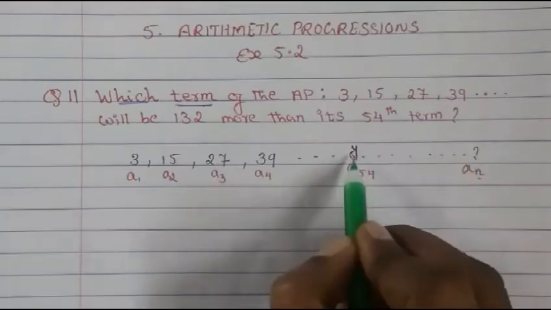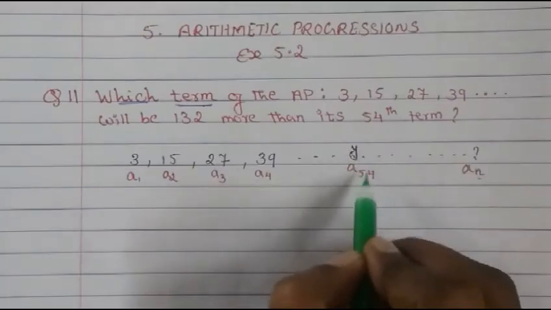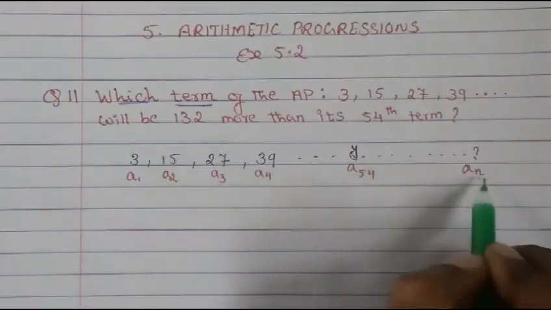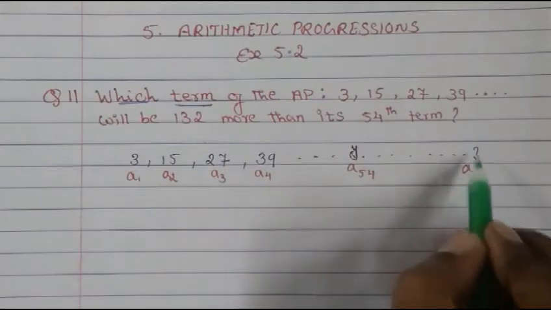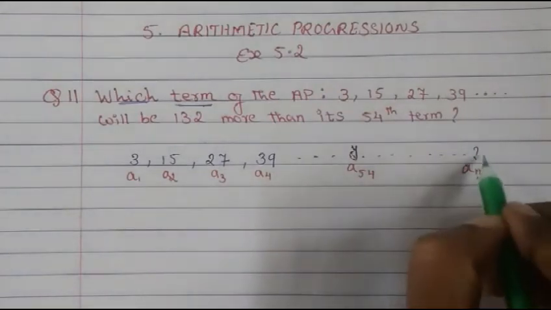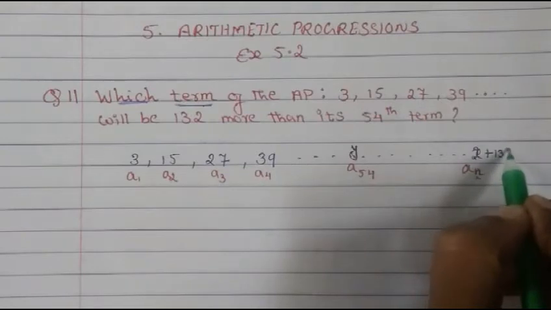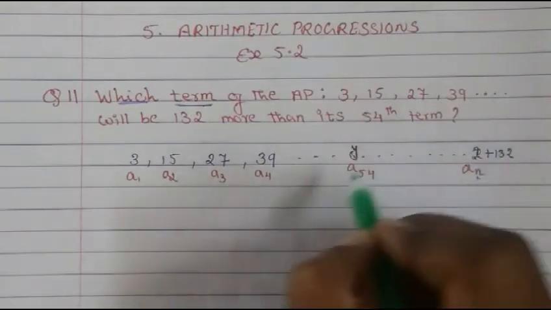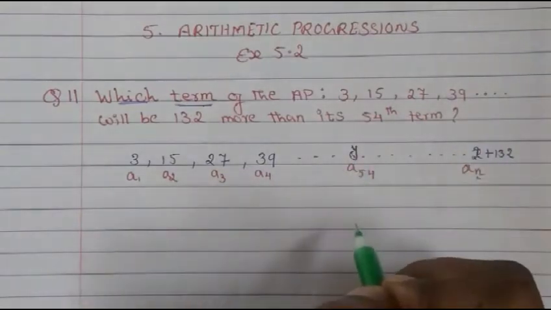So the 54th term of the AP is Y, whatever may be the answer. Then the nth term will be 132 more than the 54th term.